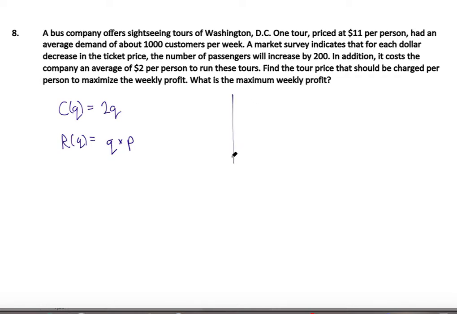So our price comes from what we did earlier, where we have a PQ graph and we have 2 points. If we have $11 per person, then we're going to have 1,000 customers. If we reduce the price by $1, the number of passengers increases by 200. So if I reduce the price by $1 down to 10, then I will have 1,200 passengers.